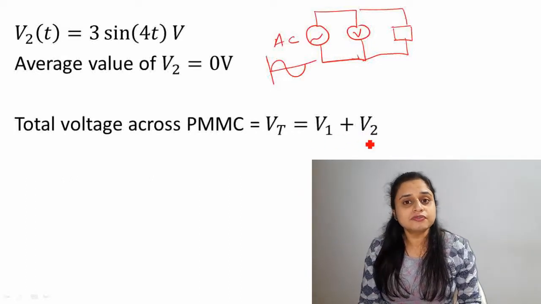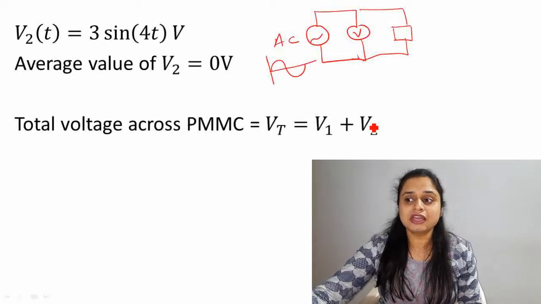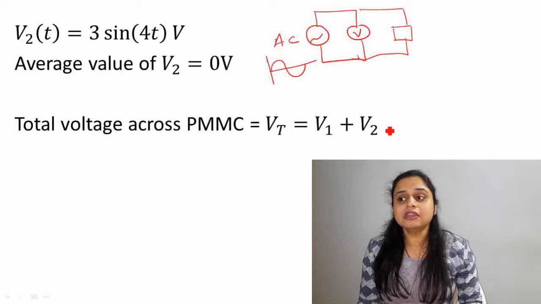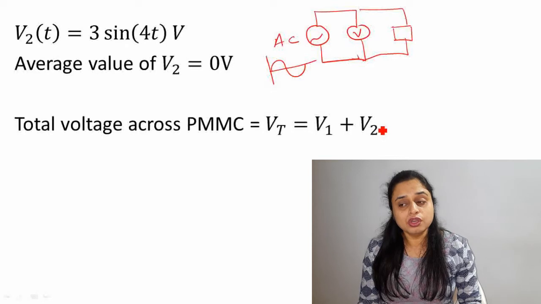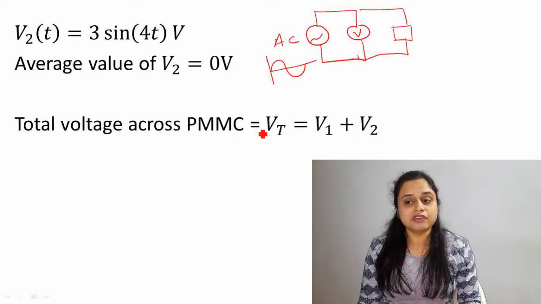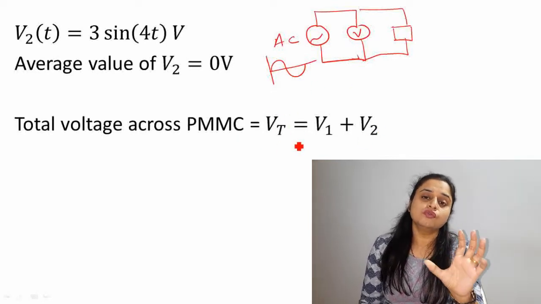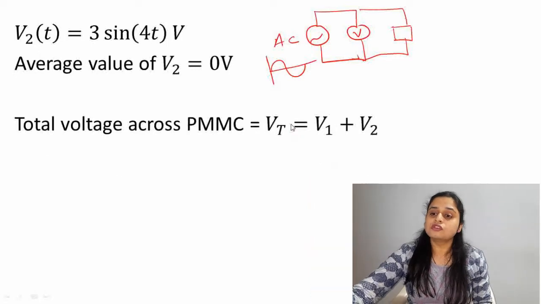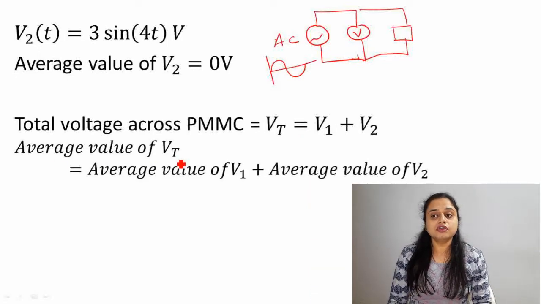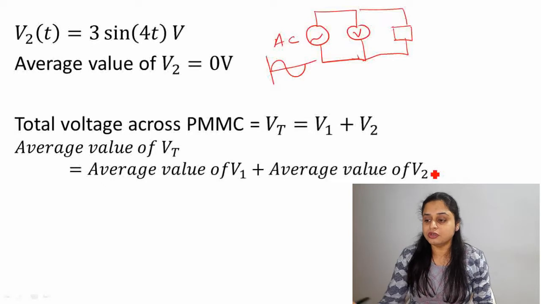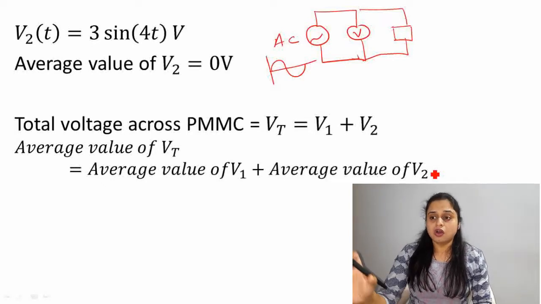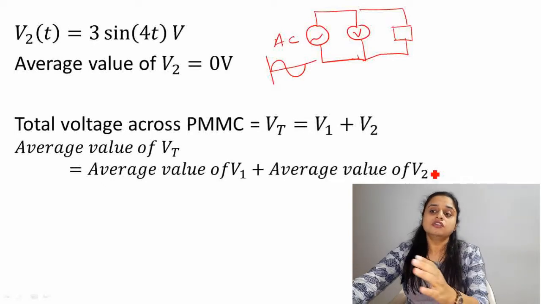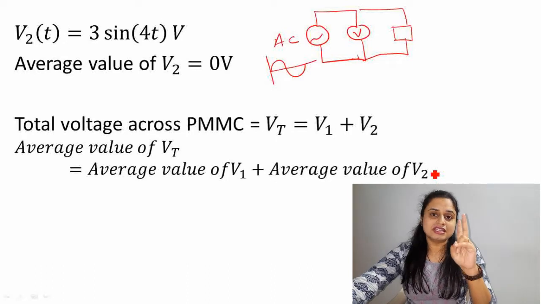The average value of V1 plus V2 is the average value of V1 plus the average value of V2, which gives the average value of the total voltage. What will be the average value of V1? That is 2 volts.